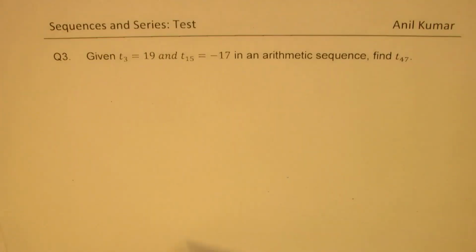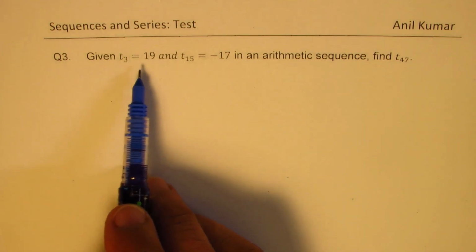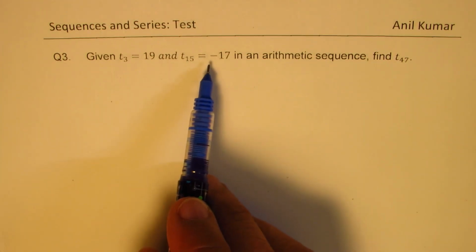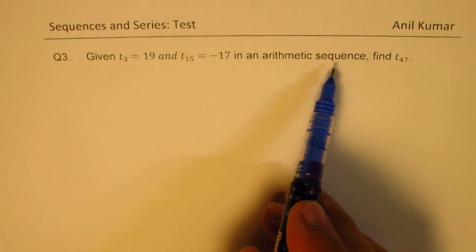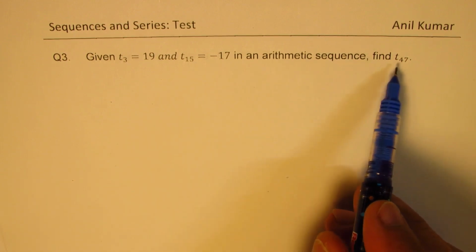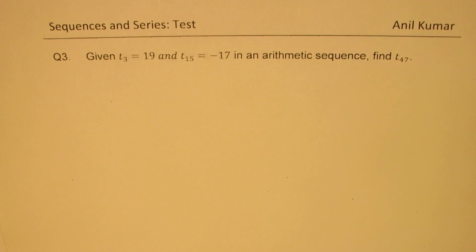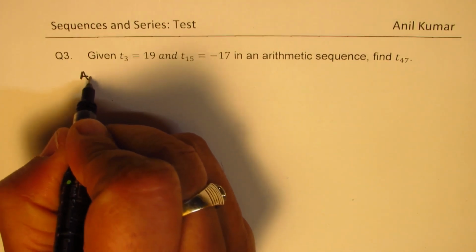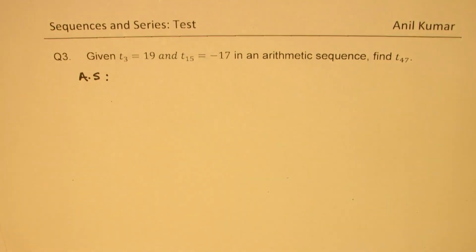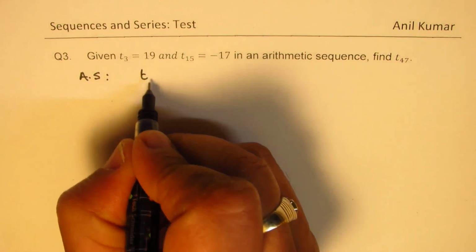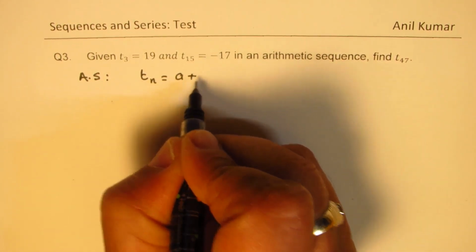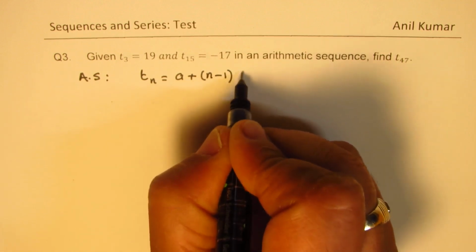Perfect. Now let's take question number 3. We are given that T3 is 19 and T15 is minus 17 in an arithmetic sequence. Find T47. So we have an example of an arithmetic sequence. Now, in an arithmetic sequence, you know what the nth term is, right? You can write Tn equals a plus n minus 1 times d.